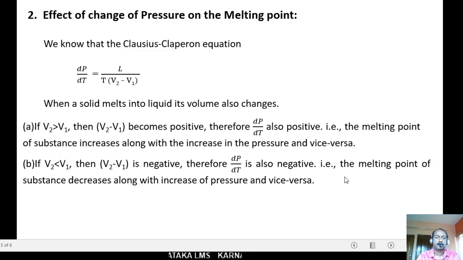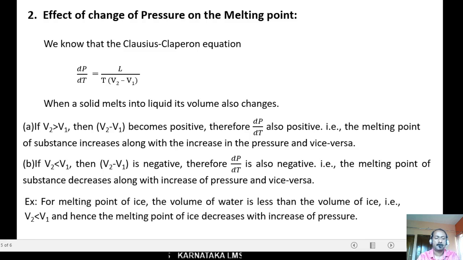That is, the melting point of the substance decreases along with increase of pressure and vice versa. These are the cases.